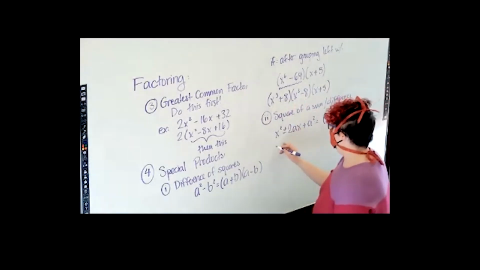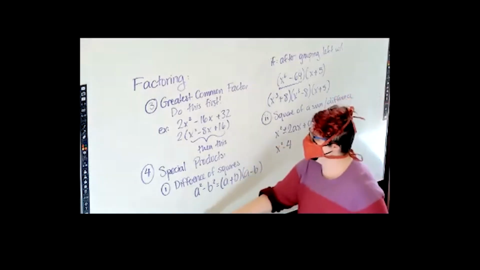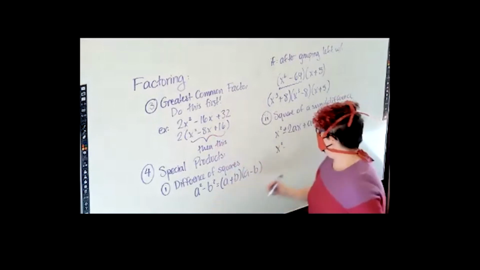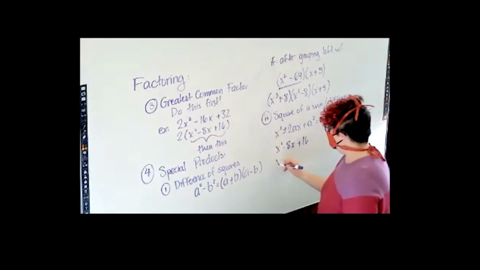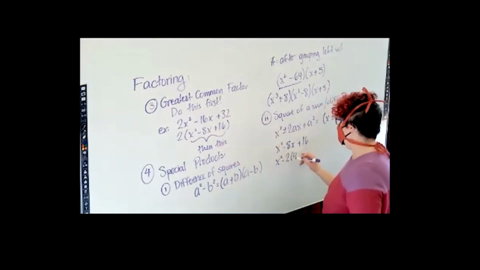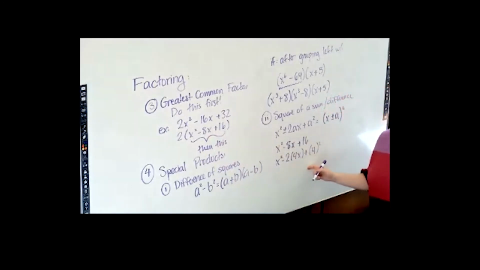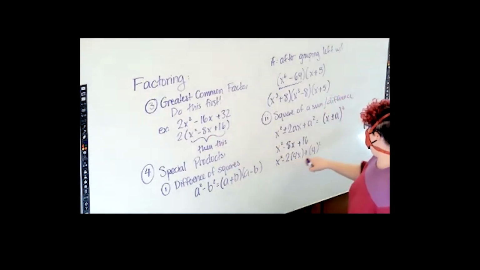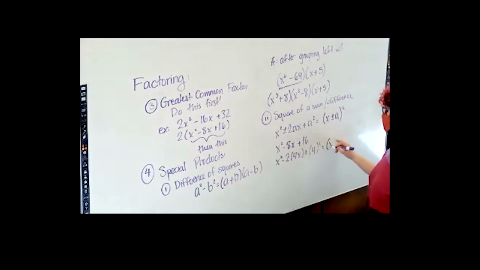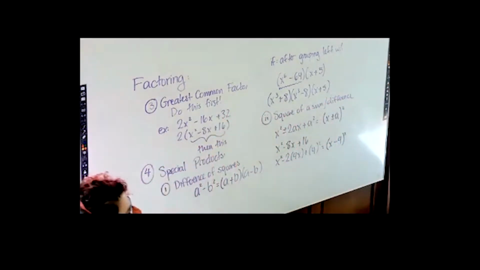So if we had x squared minus 8x plus 16, you could rewrite that as x squared minus 2 times 4x plus 4 squared. So that means this is fitting the square pattern, and it factors into (x minus 4) quantity squared. Those are the special products.